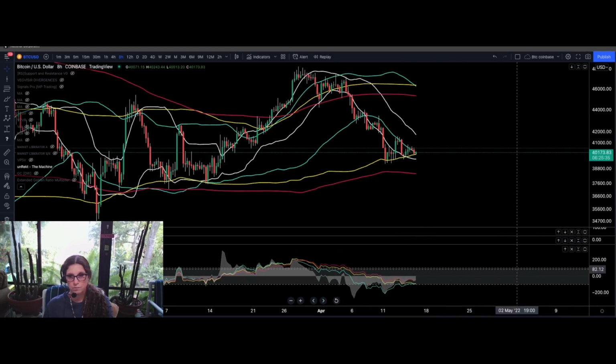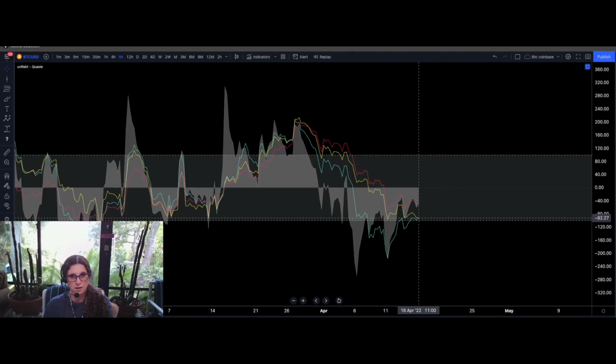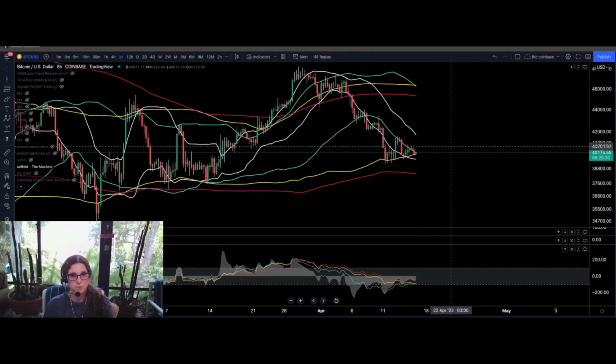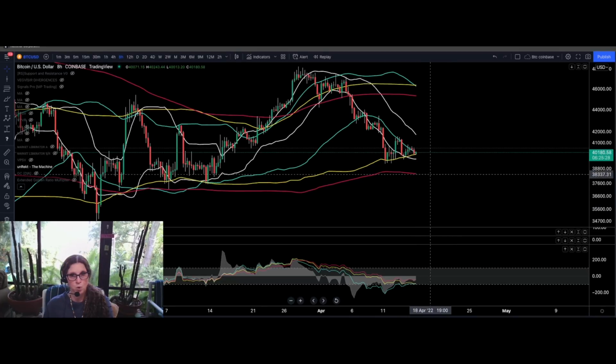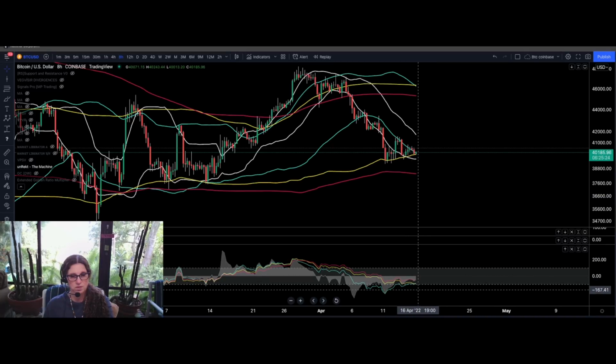Yellow is inside, so we can't break yellow to the downside, and white is inside. So even if these two came out the downside and we broke blue and yellow, we know that white's going to hold us until white comes out the bottom.